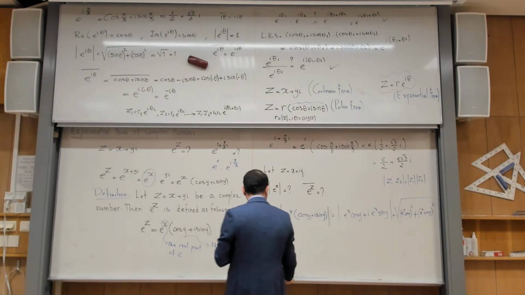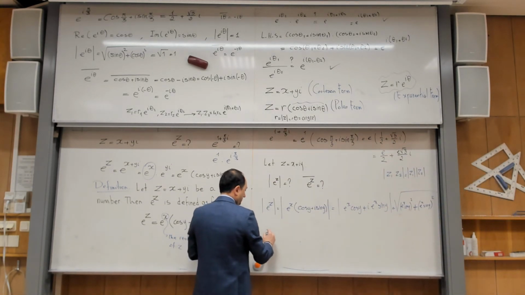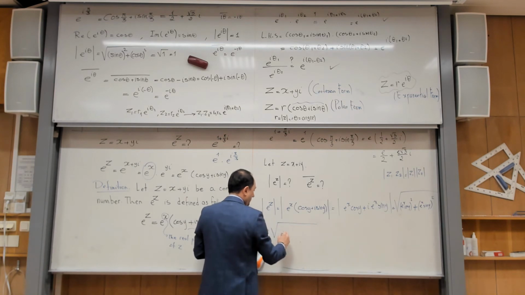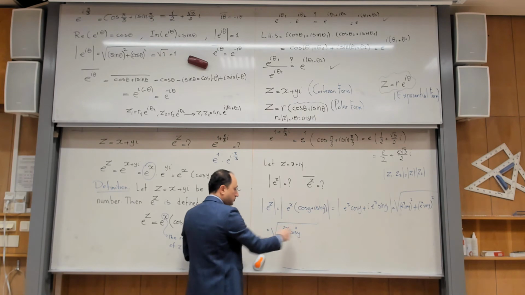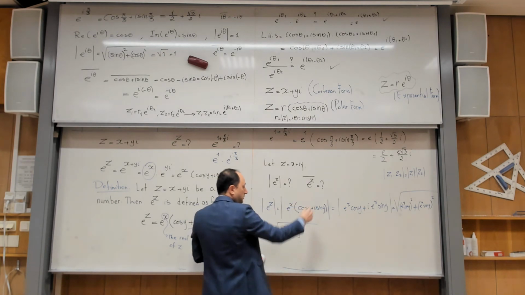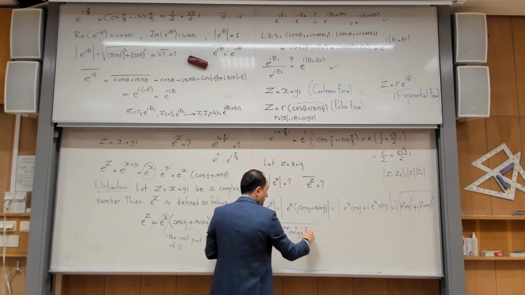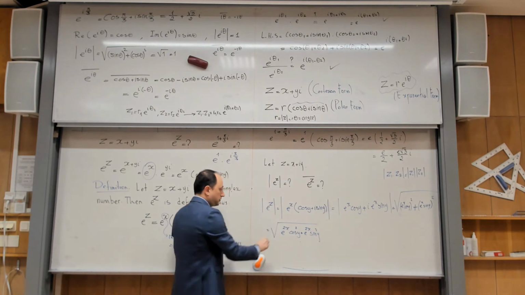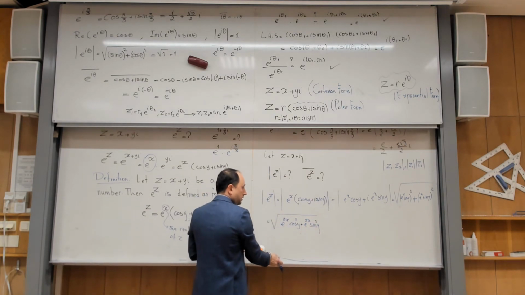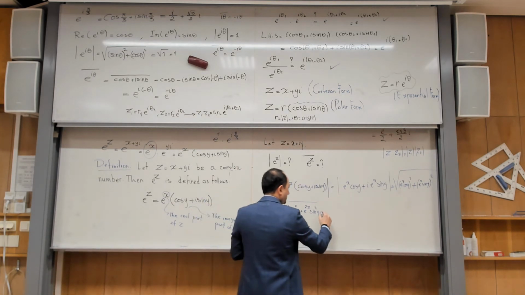So this becomes equal to e to the power 2x cosine squared y, sorry. And then the second one, for the same reason, it becomes e to the power 2x sine squared y. But you see e to the power 2x is common, so I can pull it out.